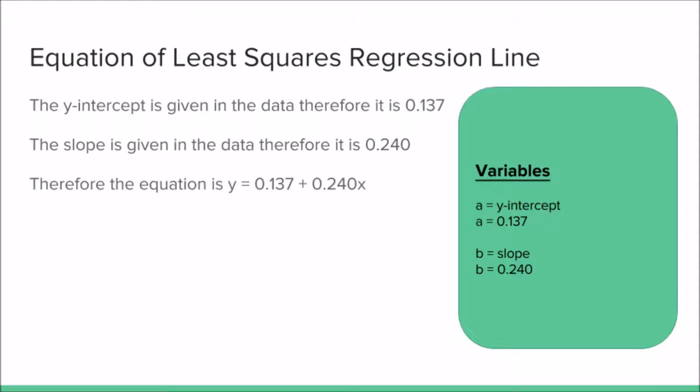Just like the advanced problem, the y-intercept and the slope are given to us in the data as coefficients. Therefore, the y-intercept of the data is 0.137 and the slope is 0.24. This created an equation of y equals 0.137 plus 0.24 times x.